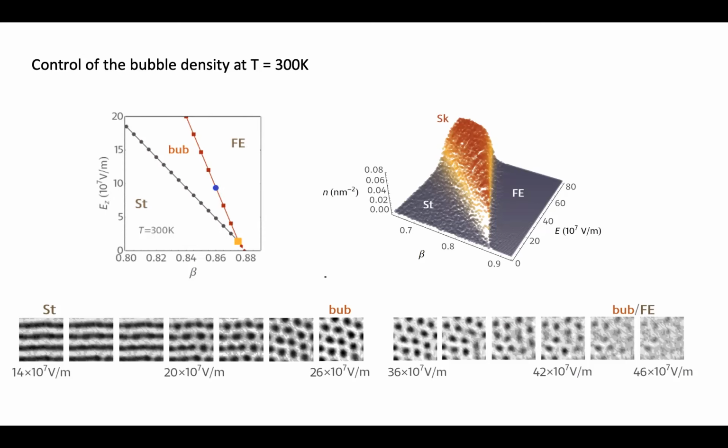We have actually many handles to tune the properties of bubbles. But here, what I would like to explore is essentially the applied bias and the screening. The screening here is some sort of effective parameter. The more the screening, the higher this beta parameter is, the better the screening. So beta equal 1 sort of translates into perfect screening conditions.